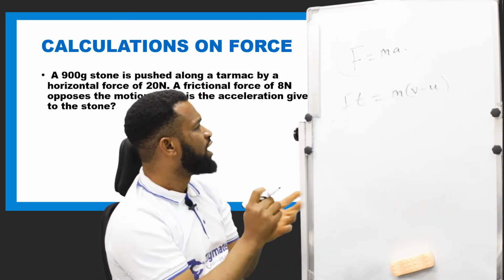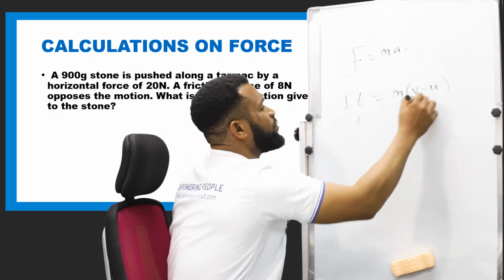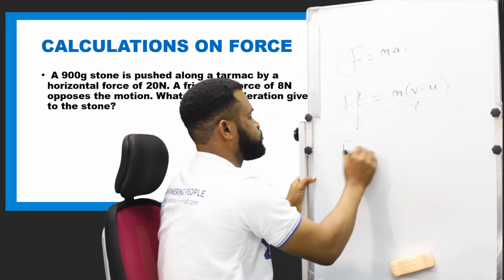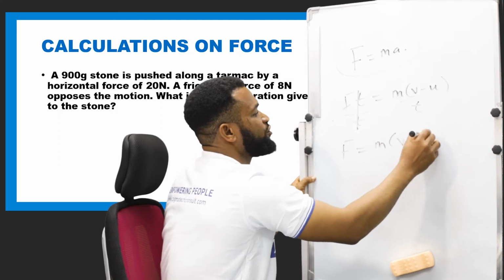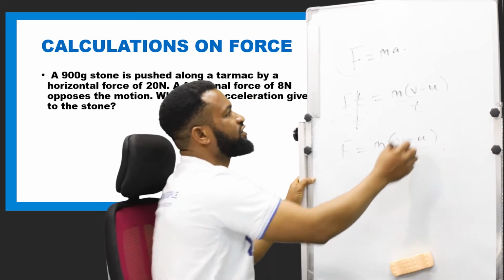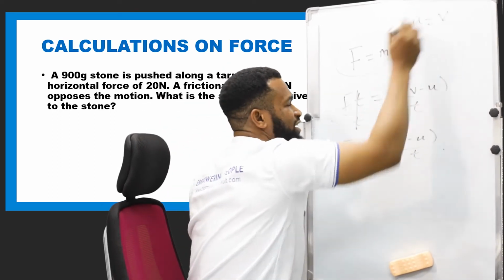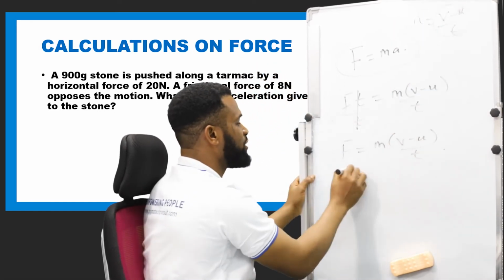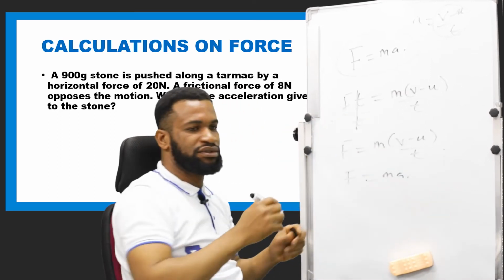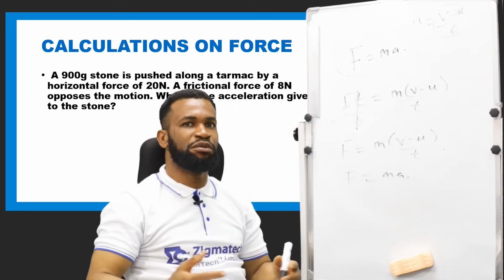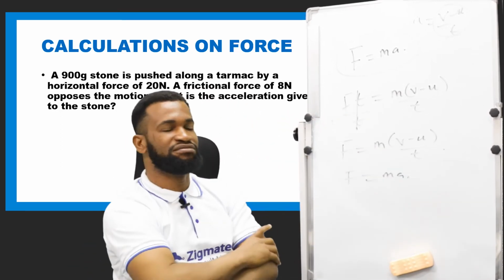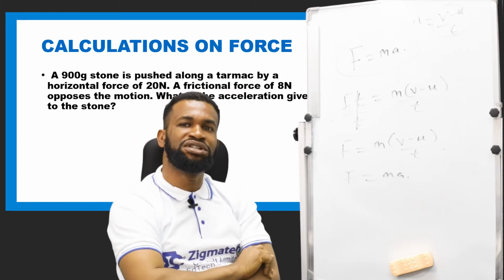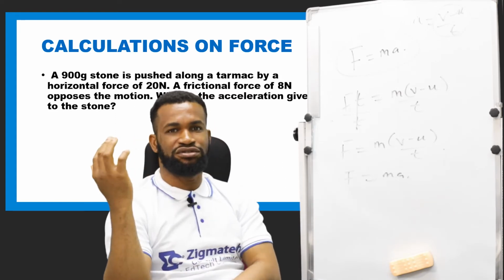However, if I divide both sides by t, you get m(v minus u) over t, such that, remember, acceleration is given as change in velocity per time. So F is equal to ma, which is the rate of change in momentum. The rate of change in momentum is force. That is according to the second law of motion.